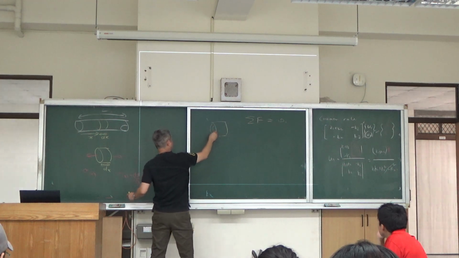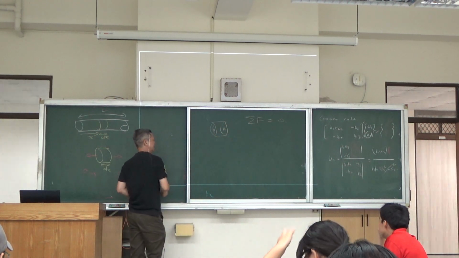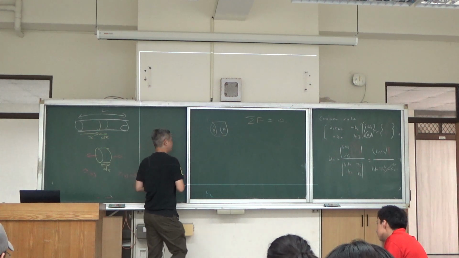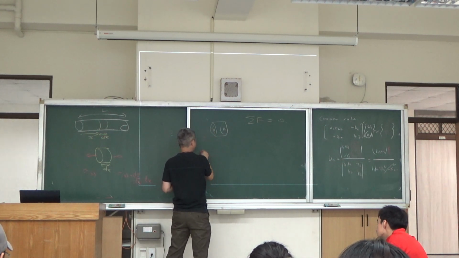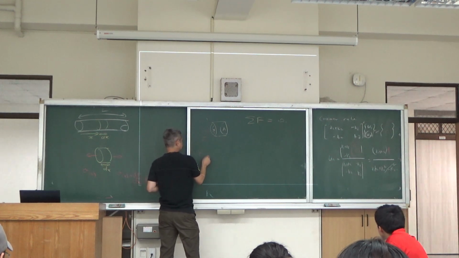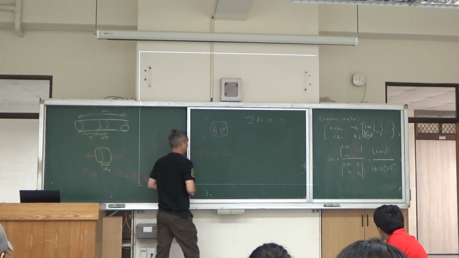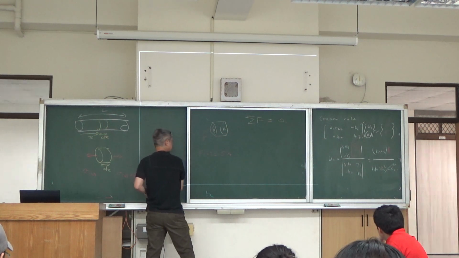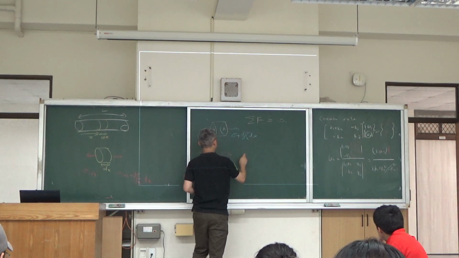This is your area, which is identical on the left hand side and right hand side. If you multiply it with the stress, the force on the left hand side is sigma A. How about the force on the right hand side? It's sigma plus d sigma dx times dx.